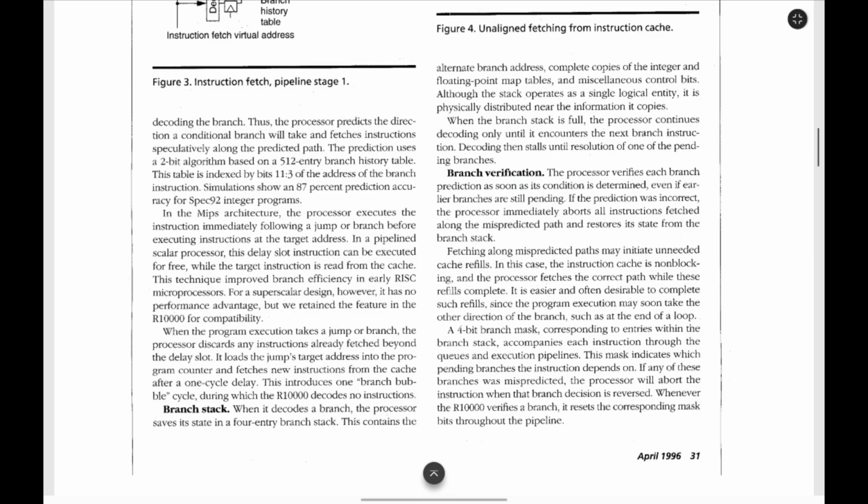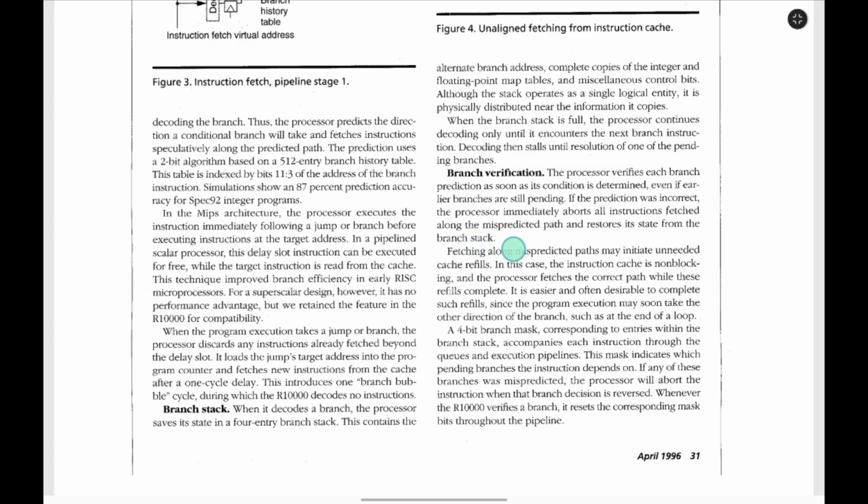The branch verification. The processor verifies each branch prediction as soon as each condition is determined, even if earlier branches are still pending. If the prediction was incorrect, the processor immediately aborts the instructions fetched along the mispredicted path and restores its state from the branch stack.